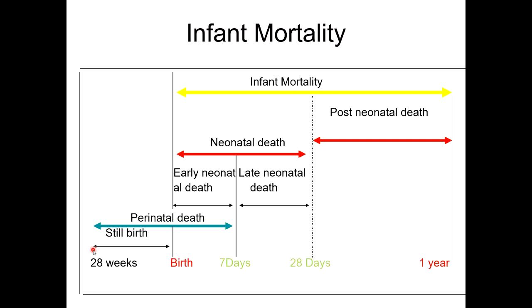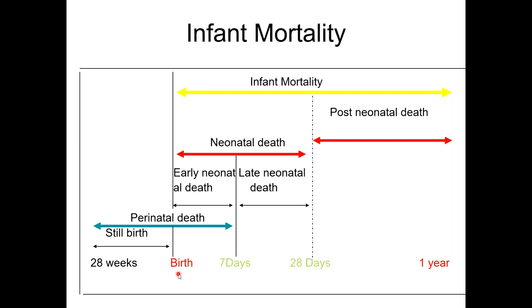If the death of the baby occurs before the 28 completed weeks, and this value has been fixed at 24 weeks of gestation, if the fetal death occurs before 24 weeks, it is known as abortion. And from 28 weeks of gestation up to birth, if the baby is born dead or is expelled from the maternal womb dead, this is labeled as stillbirth.